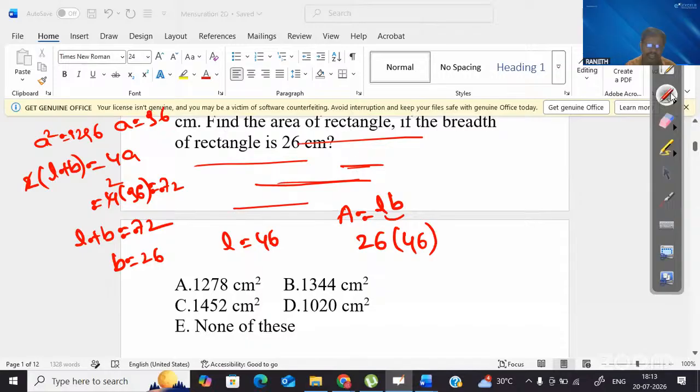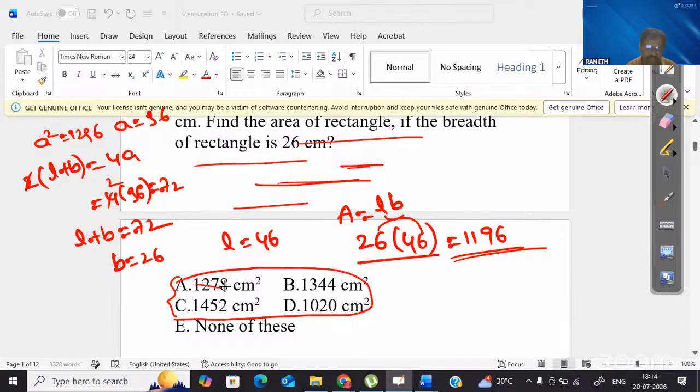If I do the calculation, I will get 1196. But by using 6 into 6, the answer has to end with 6. There is no option for 6, so all options are wrong. So the answer will be only one, that will be none of this. Answer is none of this.